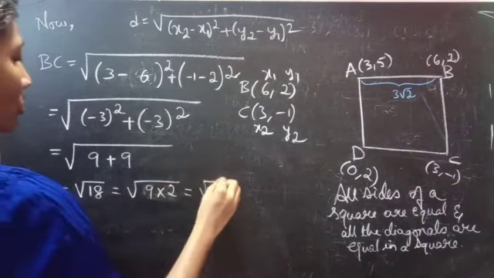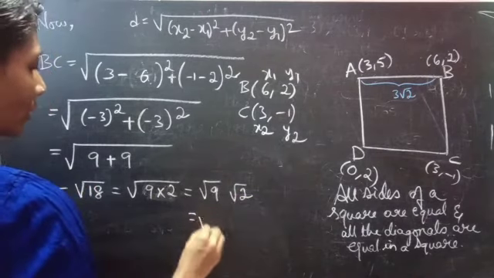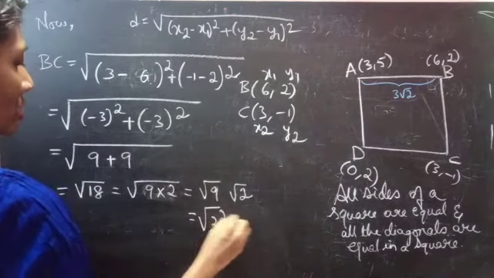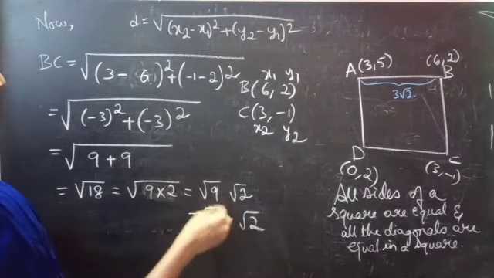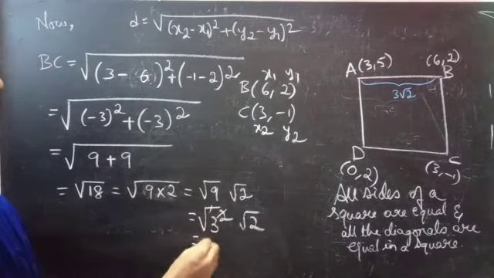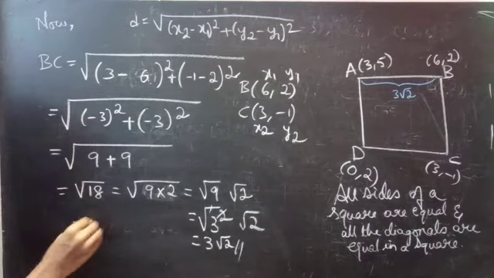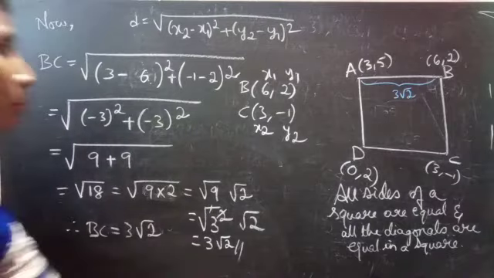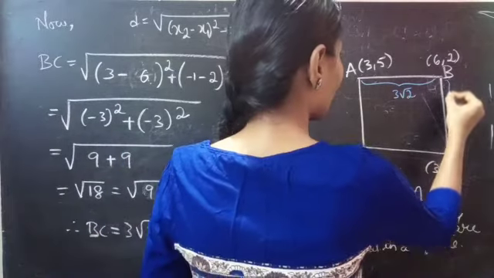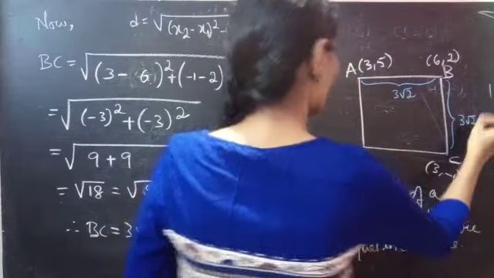So this equals square root of 9 into square root of 2. So you can write the square root of 9 as square root of 3 square into root 2. This square and square root gets cancelled. So finally this is equal to 3 root 2. Therefore BC is equal to 3 root 2.